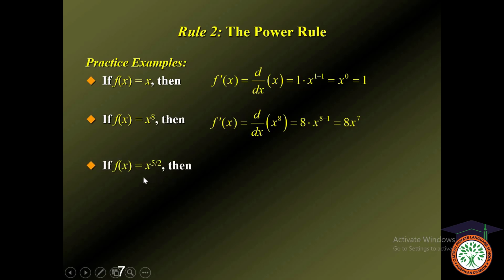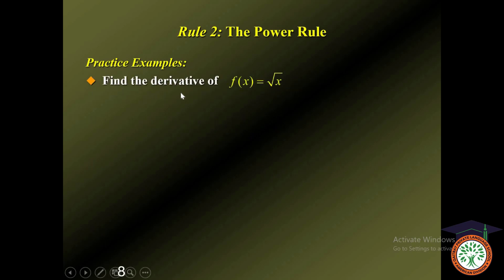Another one, if I have f(x) equals x to the power 5 over 2, then I'm going to drop the exponent to be coefficient and take 1 from the original exponent. Final answer, 5 over 2 x to the power 3 over 2.